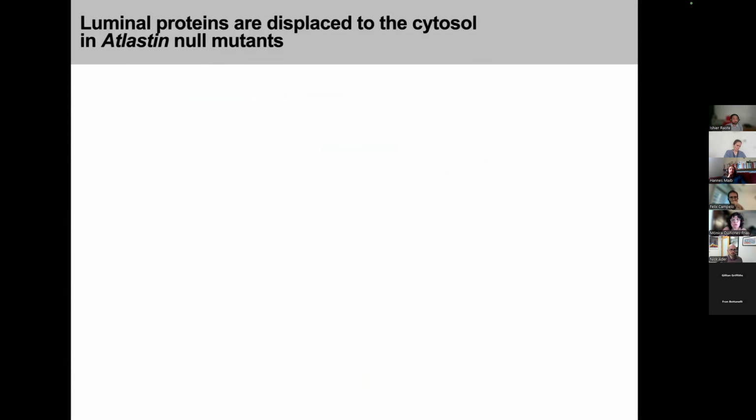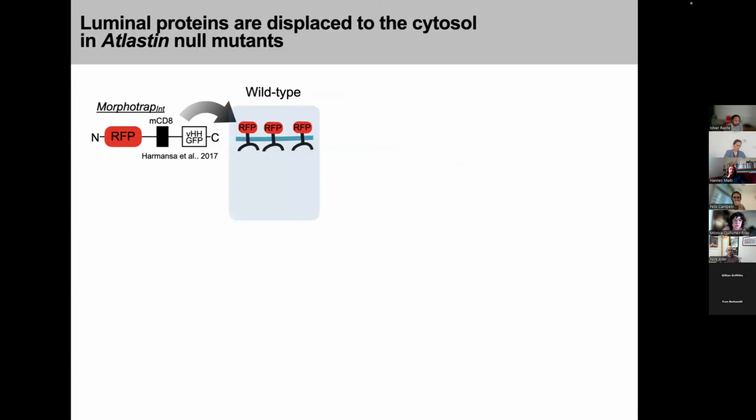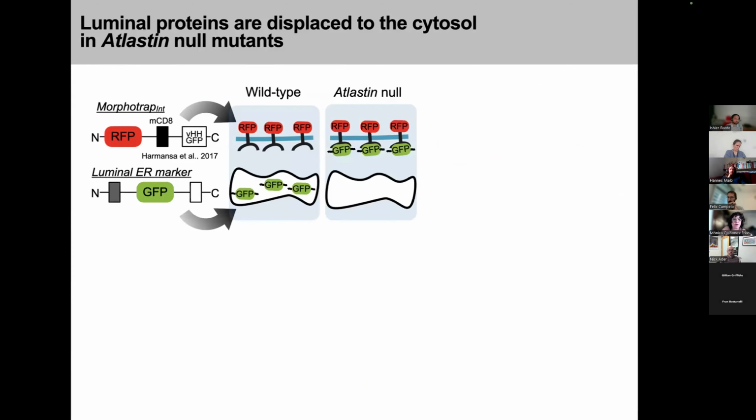And so to do that, I expressed this protein called MorphoTrap, which is a plasma membrane tethered nanobody developed by the Affolter lab at the University of Basel. And the idea was super simple. In the presence of this MorphoTrap, if the luminal proteins are now in the cytosol in the Atlastin null mutant, they should bind to MorphoTrap, but not in the wild type where the luminal ER marker is sequestered within the ER membrane.